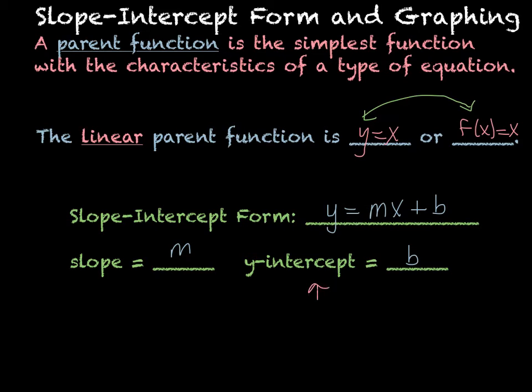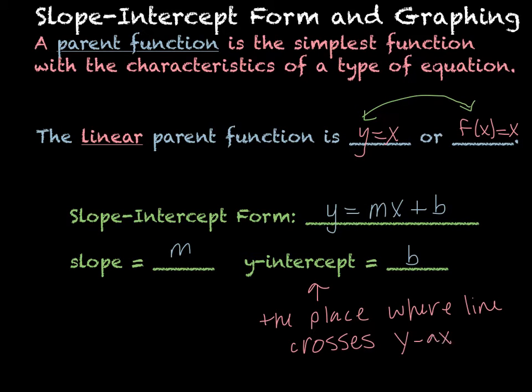The y-intercept is the place where the line crosses the y-axis. So x is 0 at this point, essentially. Now, the slope is my rate of change, which we've already talked about.